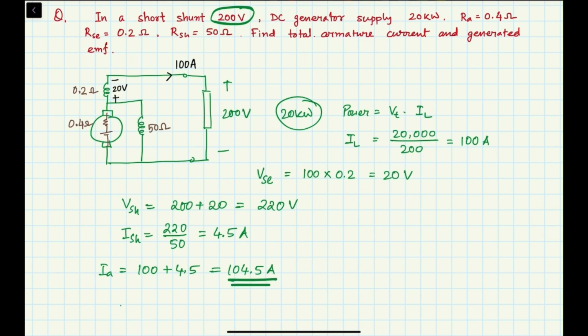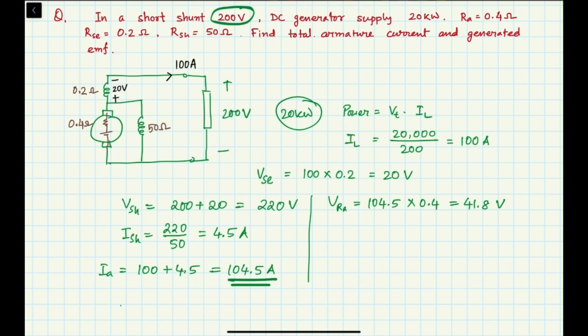Now we need to find the EG. You see there is the armature resistance, and obviously there will also be some voltage drop because of the current. So the voltage drop across the armature resistance, let's say VRA, is 104.5 into 0.4, that is 41.8 volt.